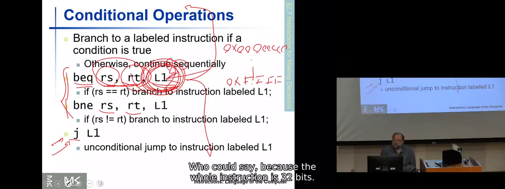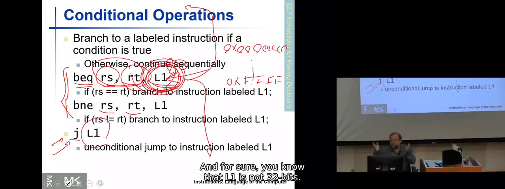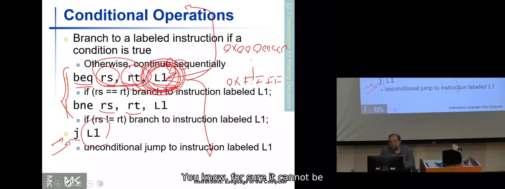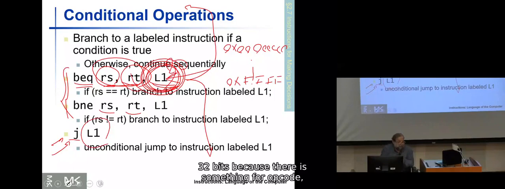Who could say? Because the whole instruction is 32 bits, and for sure you know that L1 is not 32 bits. It cannot be 32 bits because we have at least some bits for the opcode.